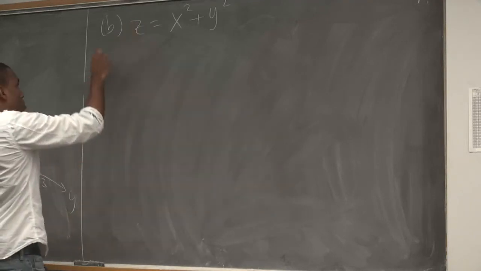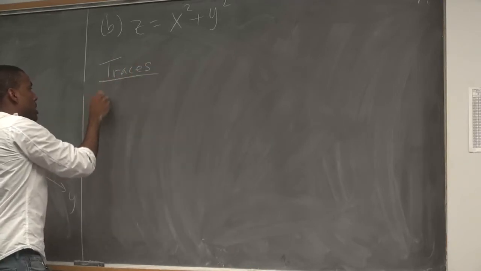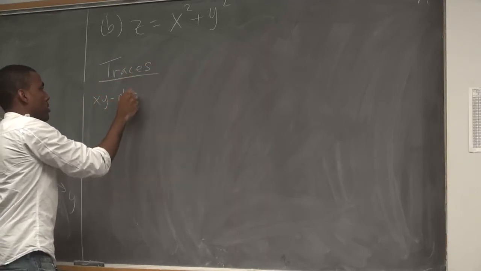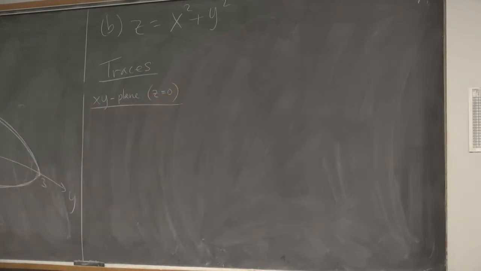Okay, so let's see what these traces look like. If I'm in the xy plane, which means z equals 0, what do I look like? Let me open this file. It's a point at the origin, isn't it?